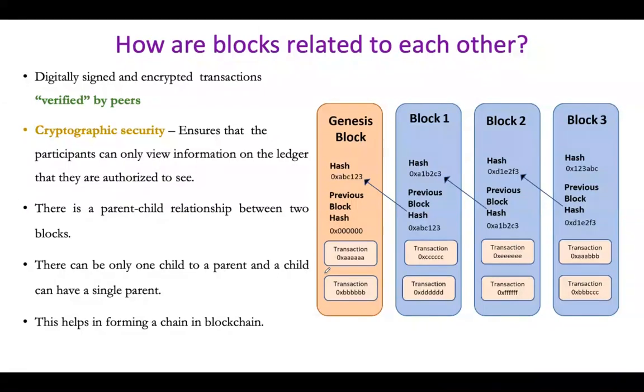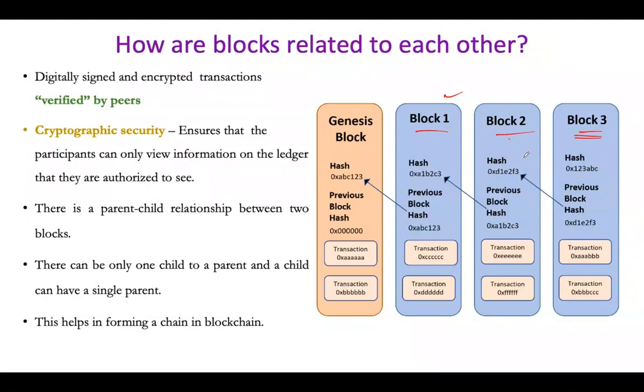This helps in forming a chain in blockchain. Blocks are explained in a later section of this lecture, but in this diagram, three blocks are there: block 1, block 2, and block 3. Block 1 is the parent of block 2, and block 2 is the parent of block 3.